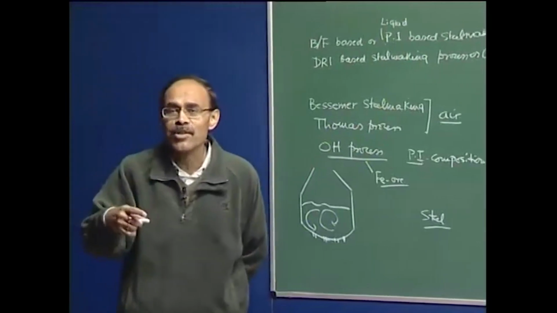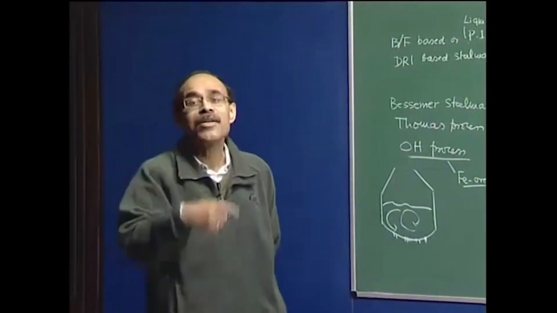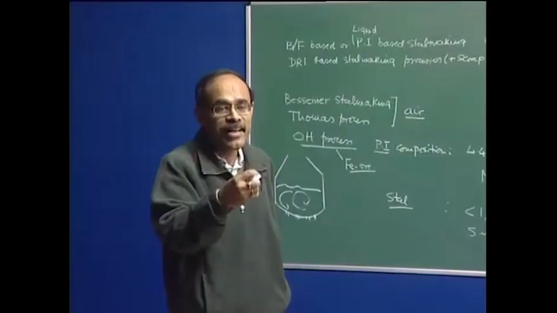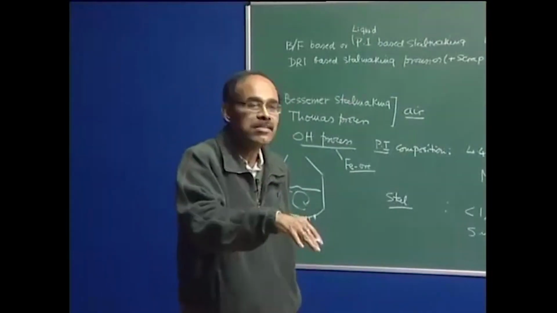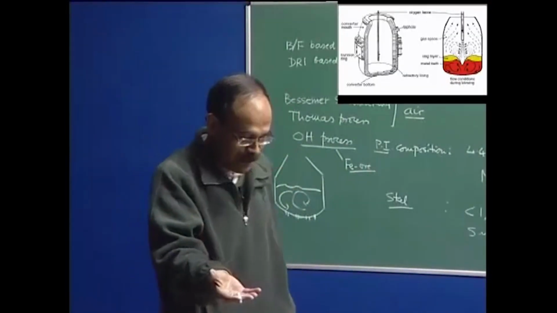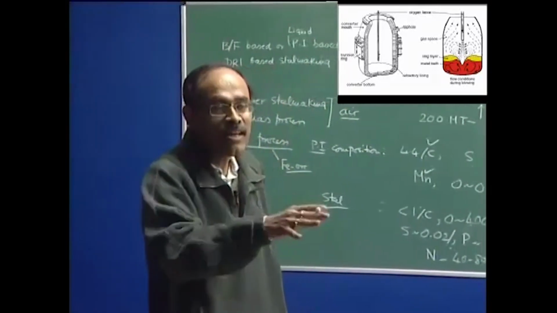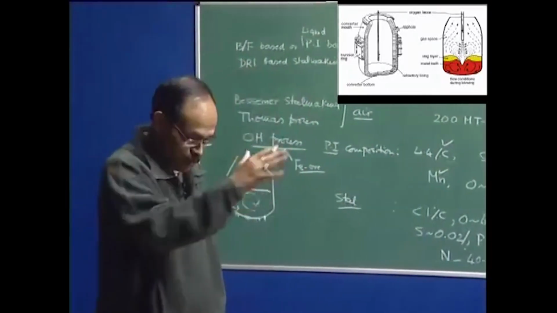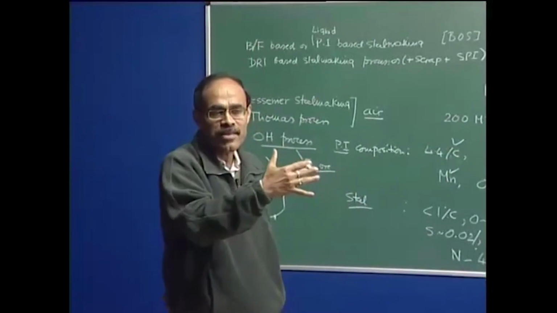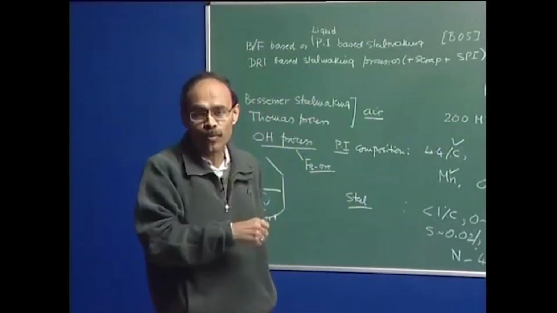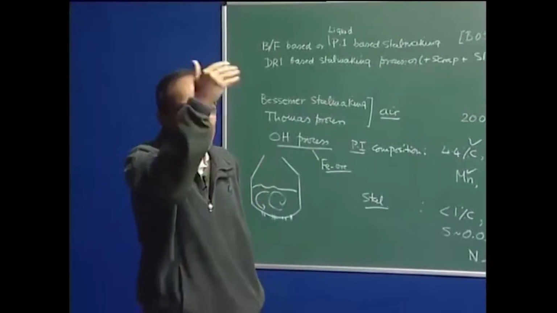And as a result, what happens? The steel making reactions, carbon plus oxygen, sulfur plus calcium oxide, phosphorus plus oxygen, silicon plus oxygen, as we will see later when we talk about the fundamentals, are mass transport controlled processes. They depend on the level of agitation.